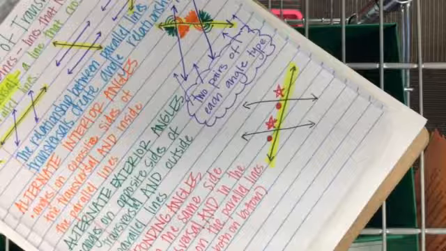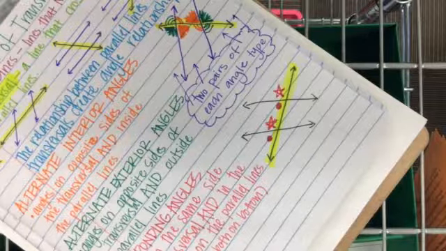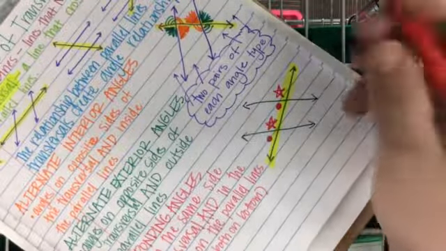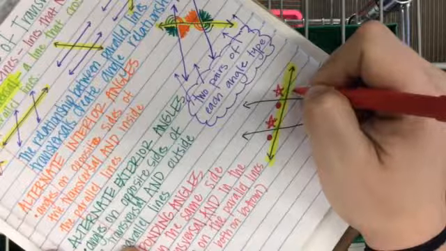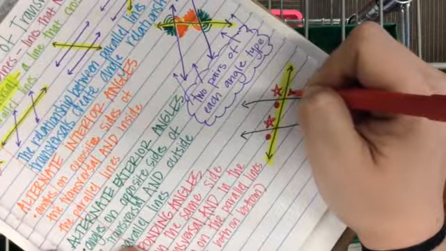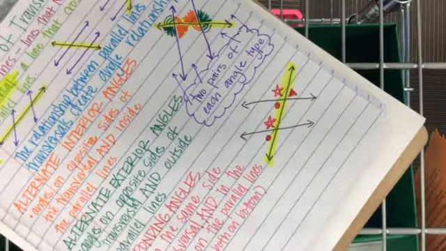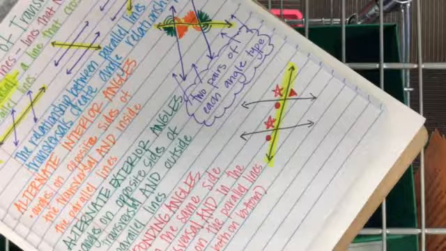Anybody see it? Refugio, go point it out. Top right and the bottom top. Bottom top one? Let's put a triangle. This guy, it's on the right side of the transversal and the top side of a parallel line.